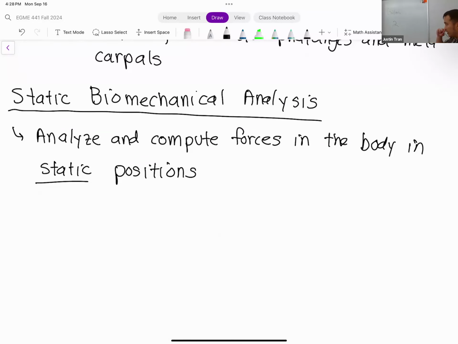There are a couple of keywords there. The first being static. Static means no motion, right? So that means we're going to look at cases where the velocity and acceleration of the body are zero.